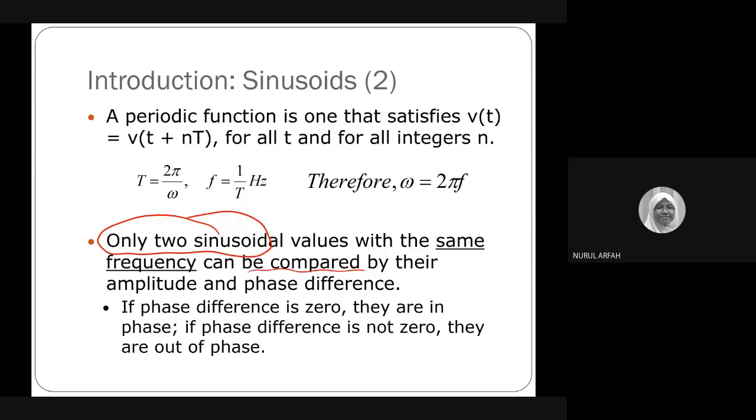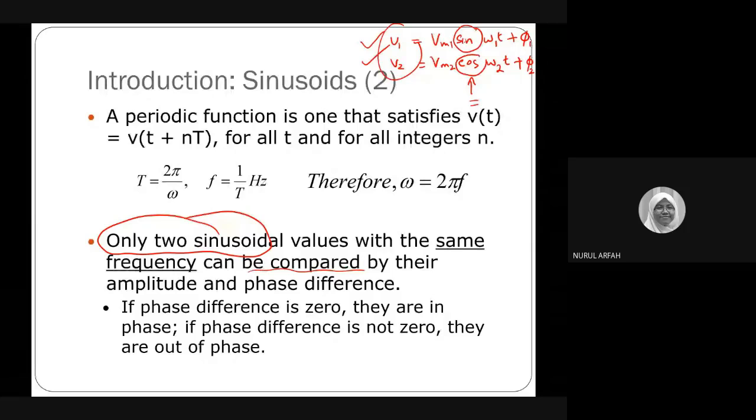What it means is that if you have maybe the first one, Vm sine omega 1 t plus some phase theta 1, and the second one is Vm cosine omega 2 t with some theta 2, what you need to observe is this sine or cosine part. You need to have both the same in order to compare these 2 signals, V1 and V2.